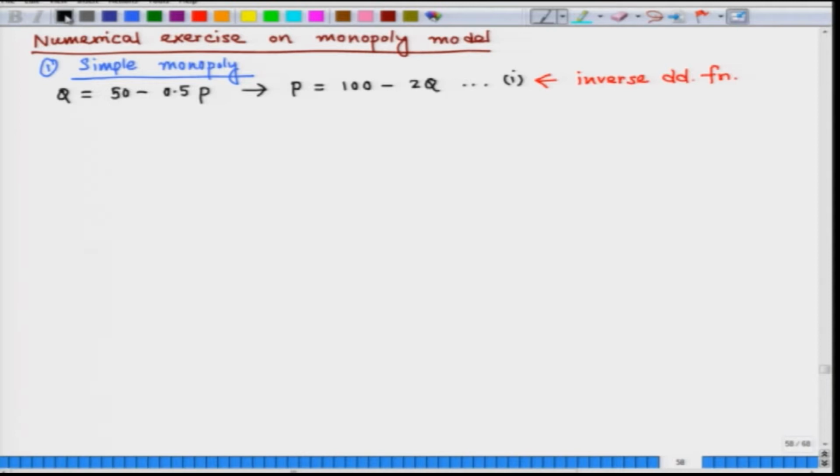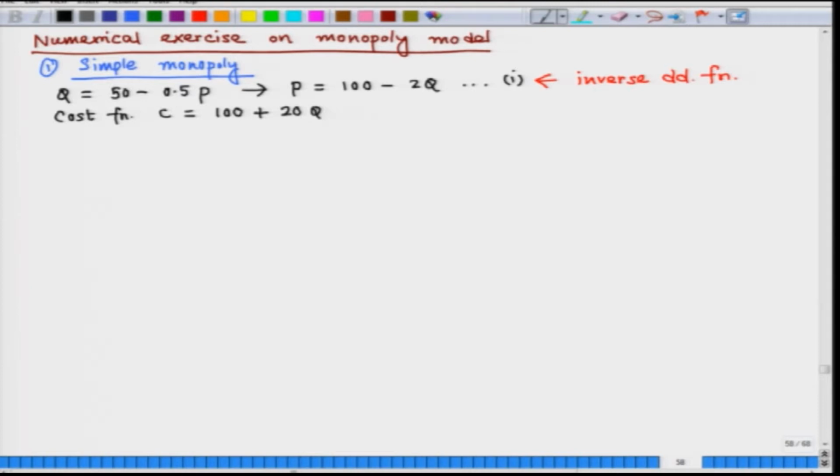Okay. So, now let us also have a cost function. The total cost function has the following form: C equals 100 plus 20q, right.